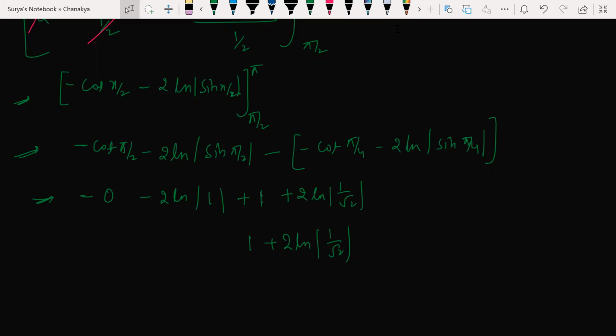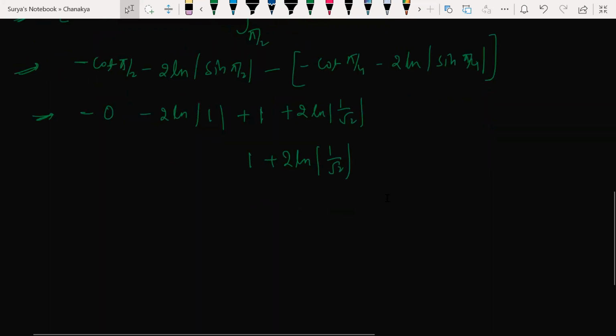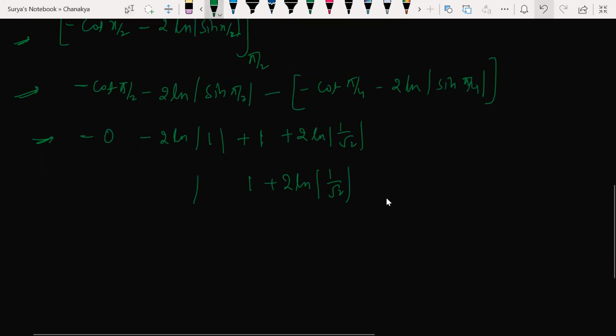So next, if you want to write like this, you can write like this. Look at this: 1 plus 2 times ln 1 minus ln root 2, using ln a minus ln b. Correct? So ln 1 is 0, minus ln root 2 again.